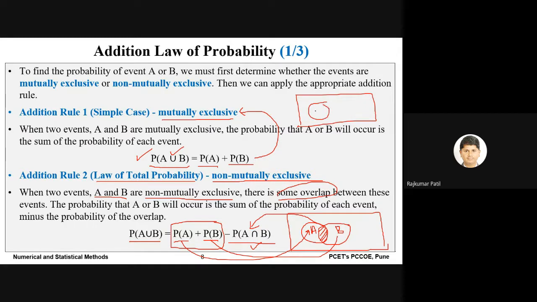This is area A and this is another area B. So we can directly sum probability of A and probability of B. But in the case of the law of total probability, or non-mutually exclusive events, we need to subtract the overlapping surface area, that is probability of A intersection B, from the sum of the probabilities of event A and event B. This understanding is essential.